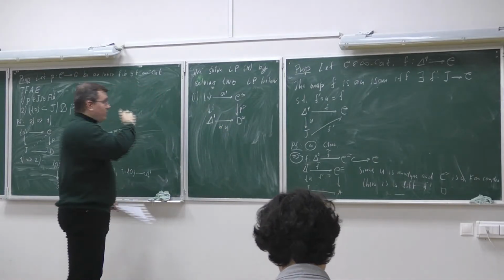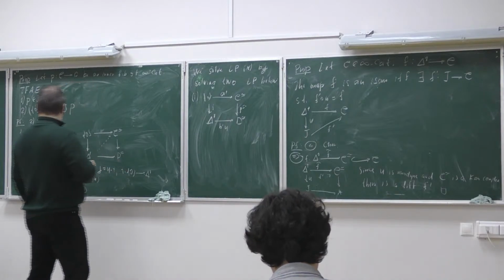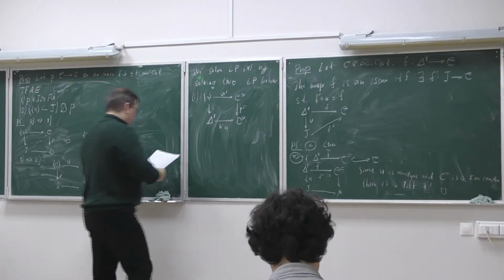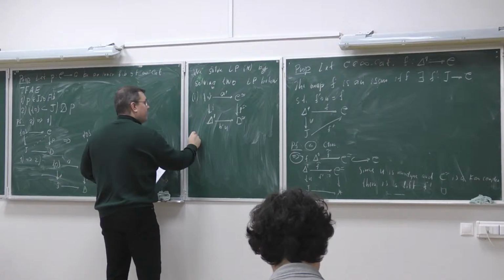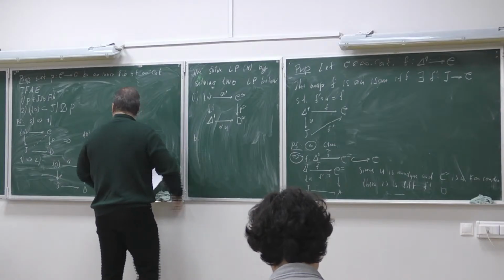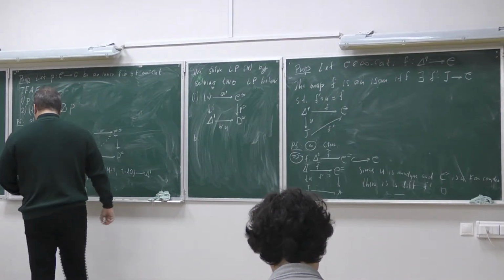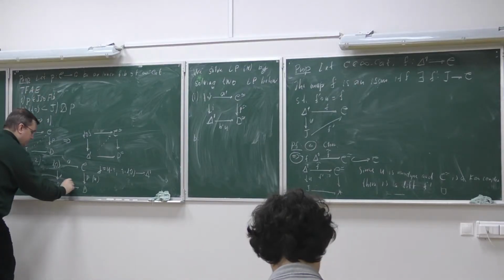Here I'm using the following notation. B is my notation for this arrow, which I didn't even introduce.